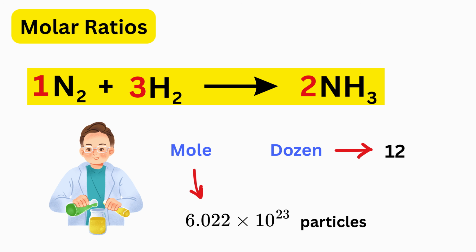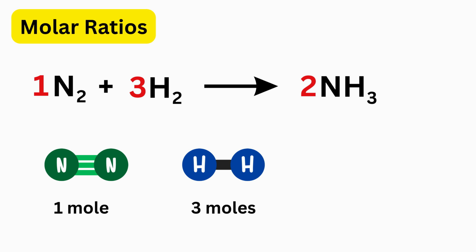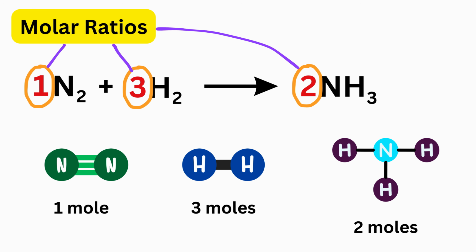The balanced equation can therefore be interpreted in terms of moles as well. 3 moles of hydrogen react with 1 mole of nitrogen to produce 2 moles of ammonia. This is why the coefficients in a balanced equation are often called molar ratios. They tell us how many moles of each substance react and how many moles of products are formed. These ratios remain constant no matter how large or small the quantities are.